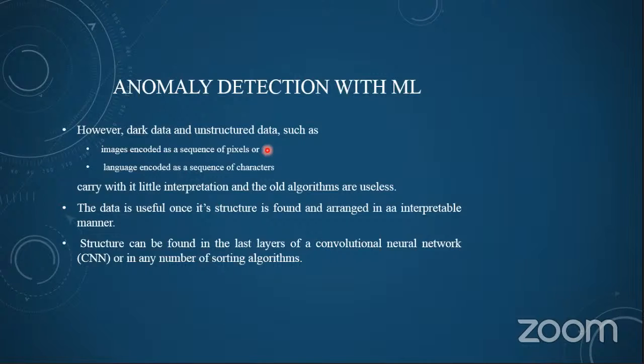So what we need to do is take that blurry image and put it into some machine learning algorithm like a convolutional neural network. It will perform some operations on that blurred image and try to rearrange some of the pixels, or decode the pixels. Then we will get some structured data. Structured data means a decoding has happened, and from that blurred image, the actual image can be found.